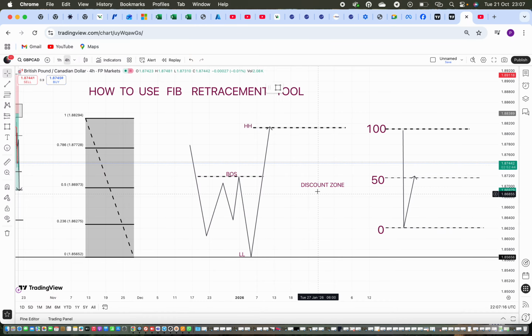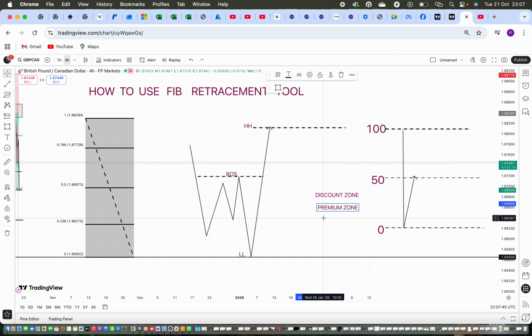They want to trade from the discount zone or the premium zone. I will explain the premium. The premium will be the sell side. So these are the major levels where these hedge fund and institutional traders that have the money that can move the market want to place their orders.